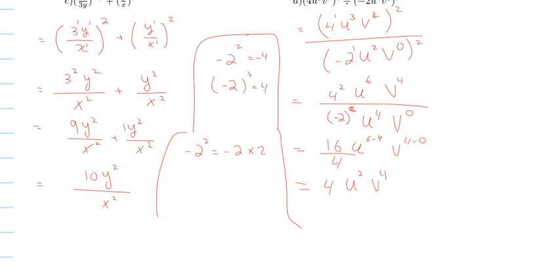The negative is not multiplied twice, so you end up with a negative 4 here. When you have negative 2 all squared, that's the same thing as writing negative 2 times negative 2, and there's a difference between the two. That's why we have to include the brackets. Sometimes the calculator, when you put the negative, puts the bracket right away, so you have to be careful sometimes.